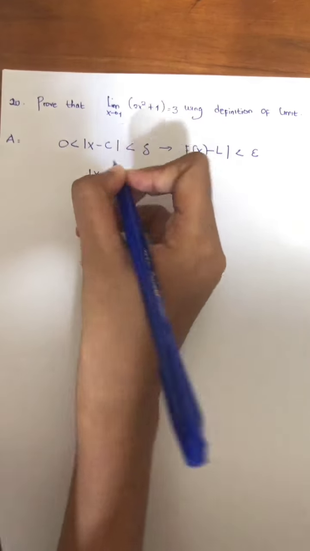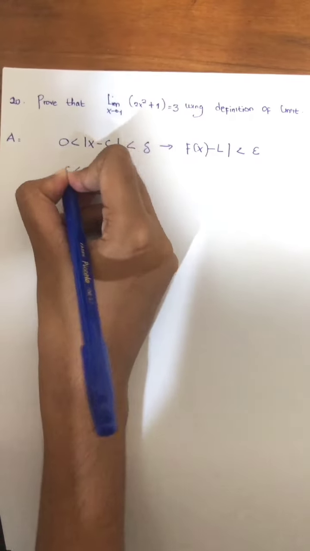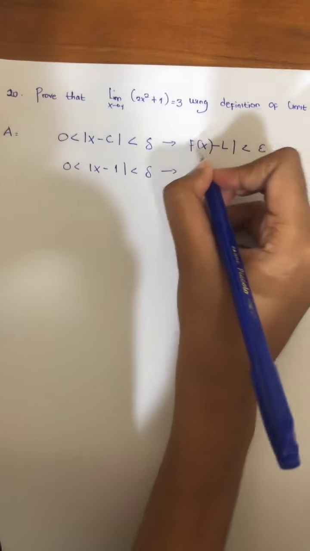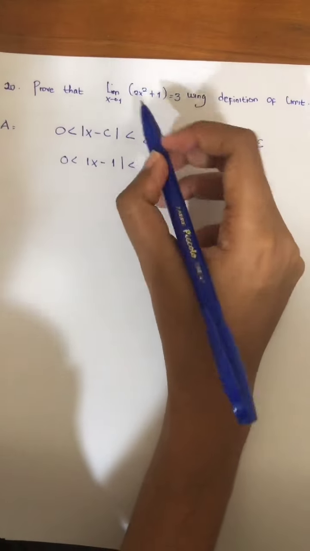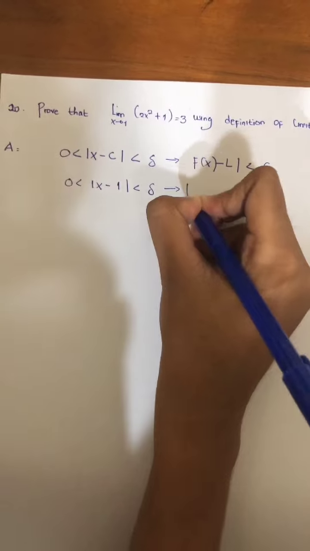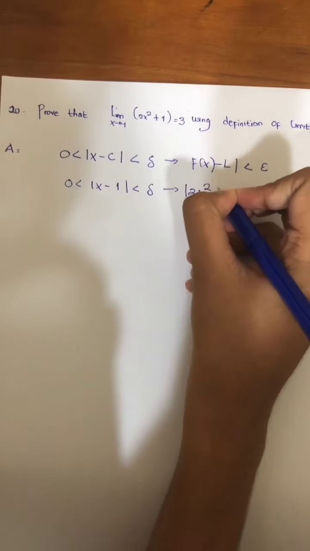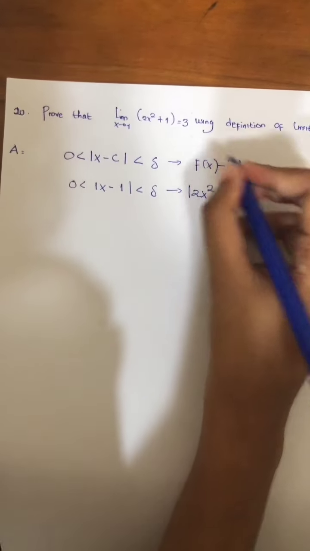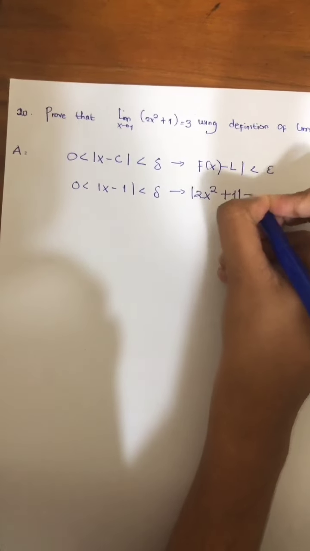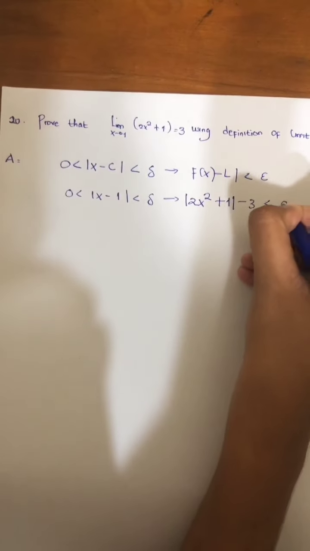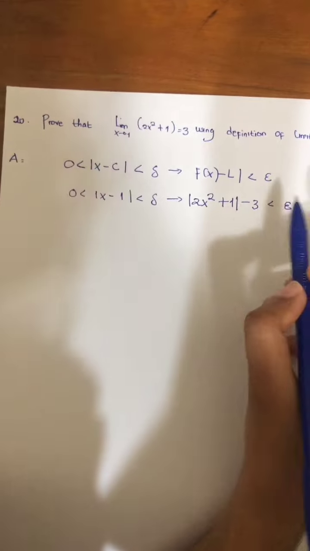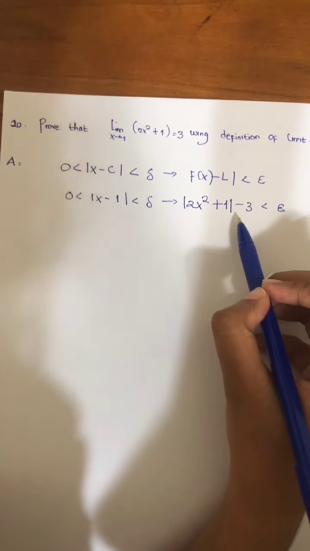x minus 1 greater than 0 and less than delta, with f(x) minus L, substituting 2x squared plus 1 and L as 3: the absolute value of 2x squared plus 1 minus 3 is less than epsilon. Now we have to make a tweak to arrive at an absolute value.